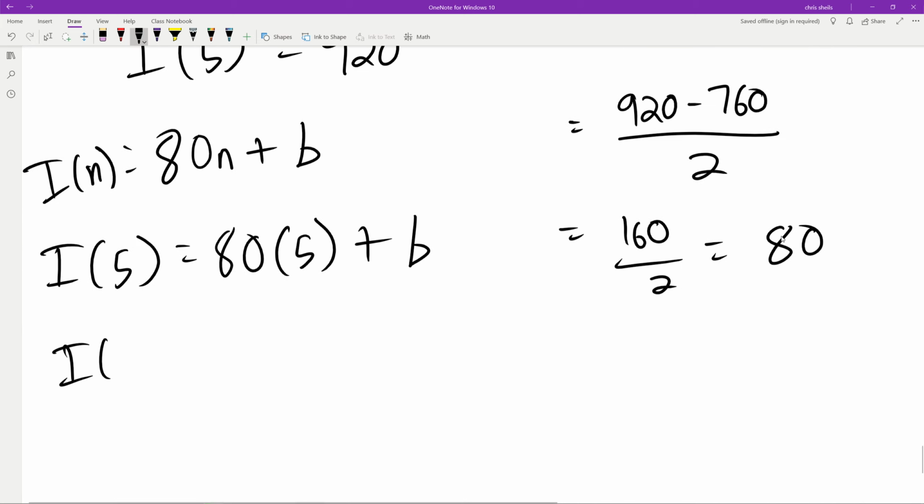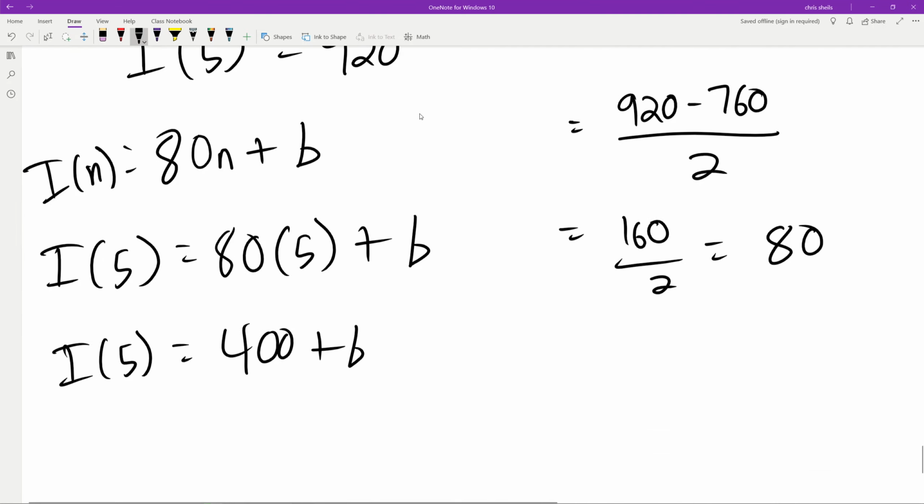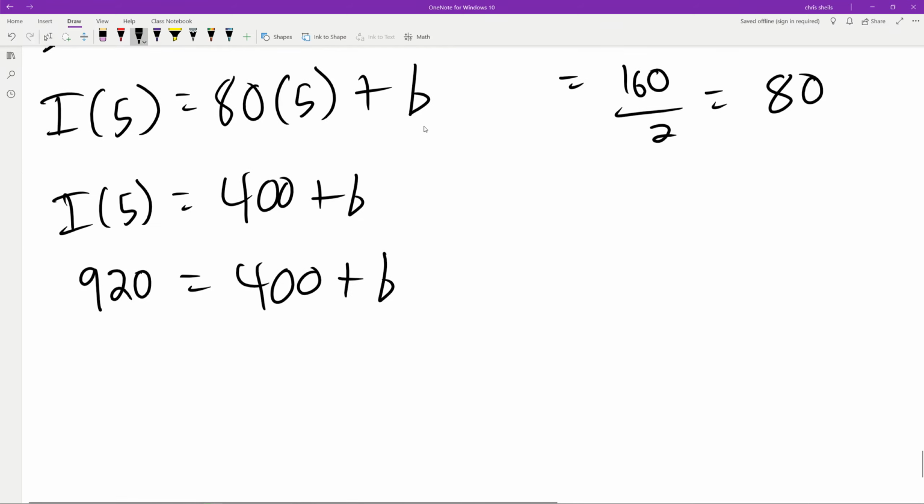This means that I of 5 is 400 plus b. And now I know what I of 5 is. I of 5 is 920. So this is 920 equals 400 plus b. And when I subtract 400 from both sides, I get that b is equal to 520.